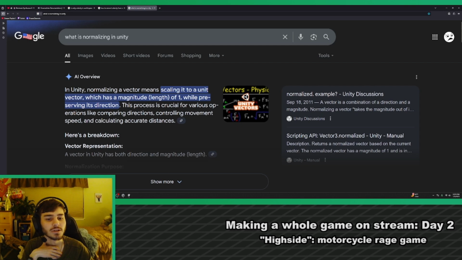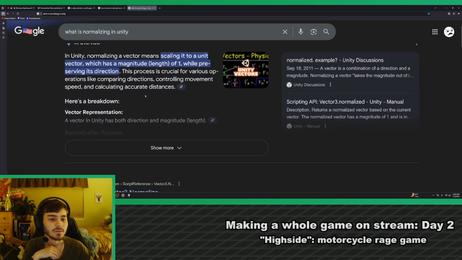Normalizing a vector and scaling it to a unit vector, so magnitude 1 while preserving its direction.